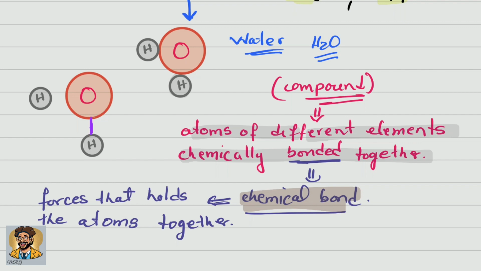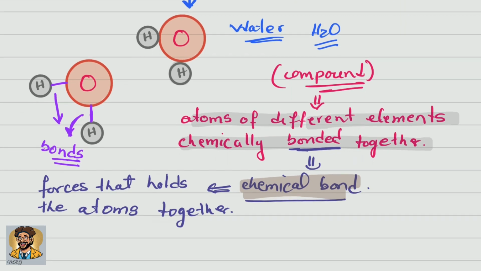So this one here is a chemical bond between the hydrogen and the oxygen to keep those atoms together in water. Those lines are the chemical bonds, those that keep those atoms together. Okay, so this is the first important part. This is what we call a compound.